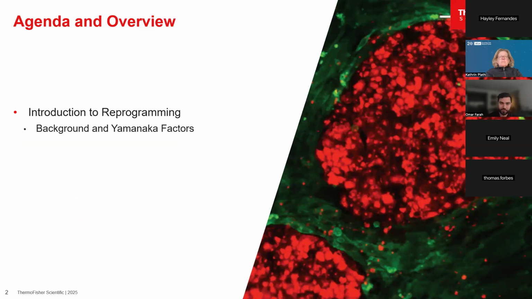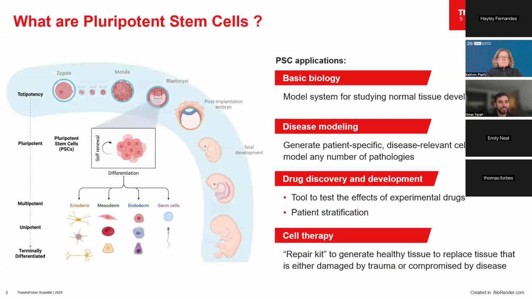Just as a quick recap from last week's lecture that Tom gave, we started talking about what pluripotent stem cells are, where they originate from, in vivo, typically from the embryo at the blastocyst stage, and what their potential applications are when it comes to basic biology, drug discovery models, and cell therapy.